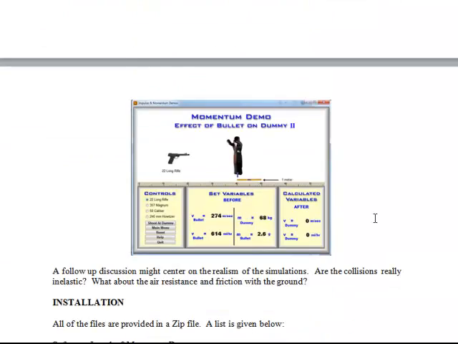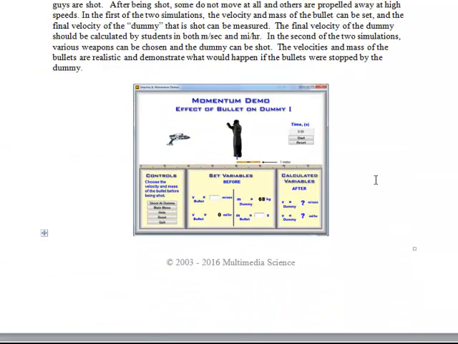The next 2 simulations are related to movies. I've probably seen plenty of movies where somebody is being approached and fires a shotgun or a high-powered rifle, and the person that's hit goes flying across the room or through the windows into the room of the house.